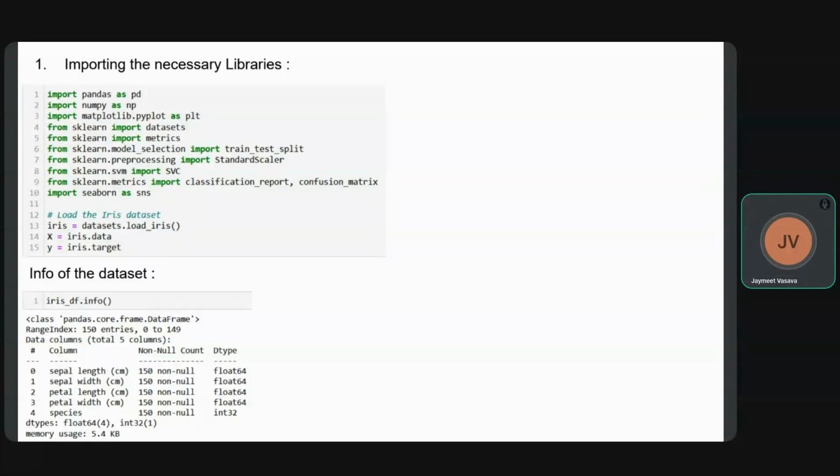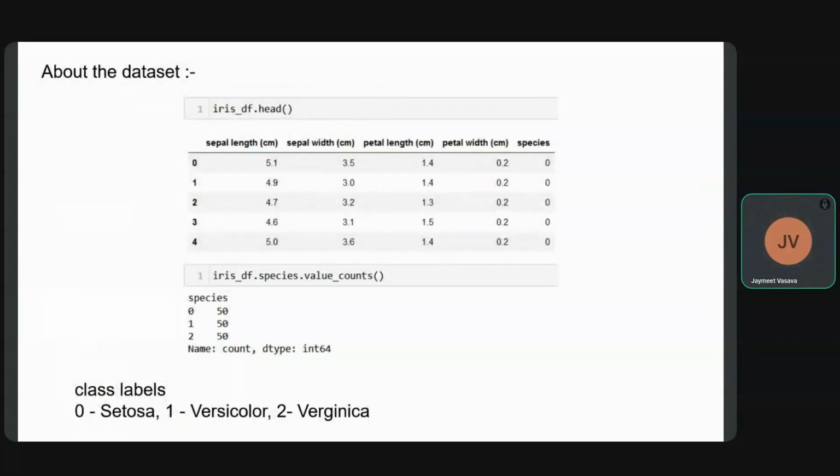When we make the data frame and get the info regarding the data set, you can see that it has 150 entries, 50 for each type of flower, along with the columns, and the memory it uses. 4 columns take float type values, and 1 takes integer type values, which is the species, our dependent variable.